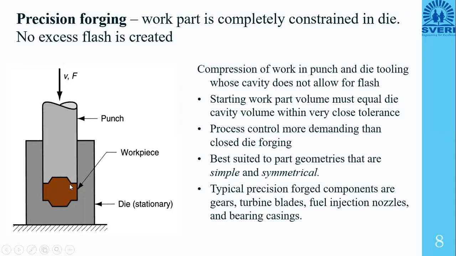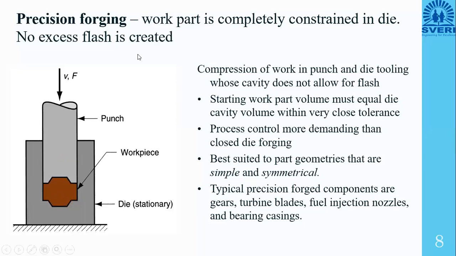So whatever the diameter or the length of this part is, the vertical length, if excess material is there, definitely the height of the part will increase. If I put more material, instead of creating this shape at this level, it may be created at this level, like this. Is it right? So here the material calculation is very, very important in precision forging. That's why the name is precision forging.